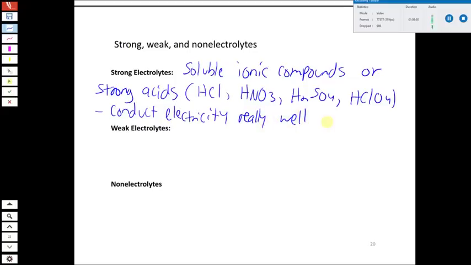Now, there's not really a quantitative distinction between strong electrolytes and weak electrolytes, but weak electrolytes would be compounds that partially break down into ions and only weakly conduct electricity.